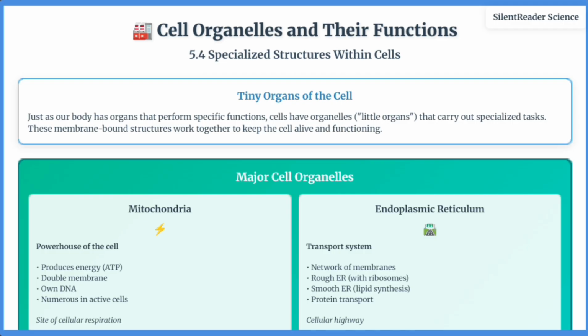The Golgi apparatus modifies, sorts, and packages proteins for secretion. Lysosomes contain digestive enzymes that break down materials. Ribosomes synthesize proteins, while chloroplasts in plant cells conduct photosynthesis. Each organelle has a specific structure and function, working together to keep the cell alive and functioning.